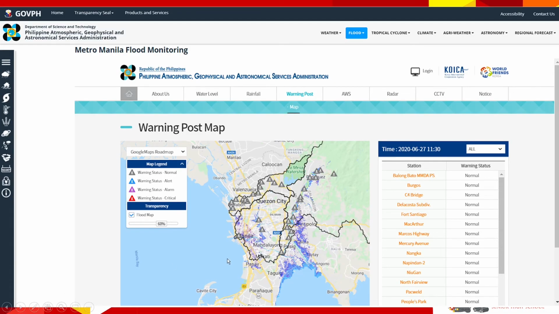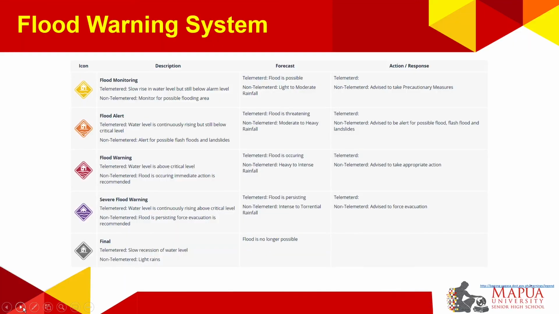We can also see the Metro Manila flood monitoring map on the Pag-asa website, where we can see different areas in Metro Manila and the warning status they are experiencing at that time. And on June 27, 2020, it was normal status for all of the areas in Metro Manila.